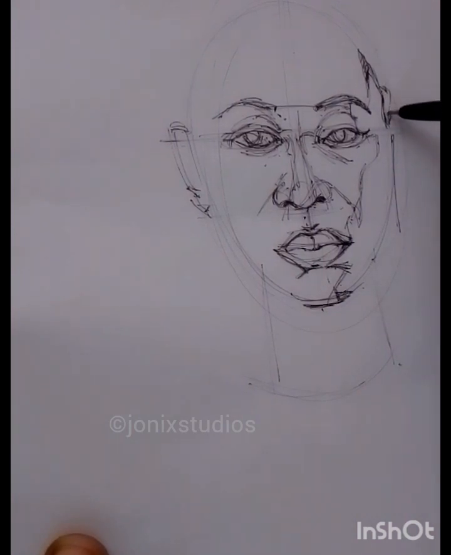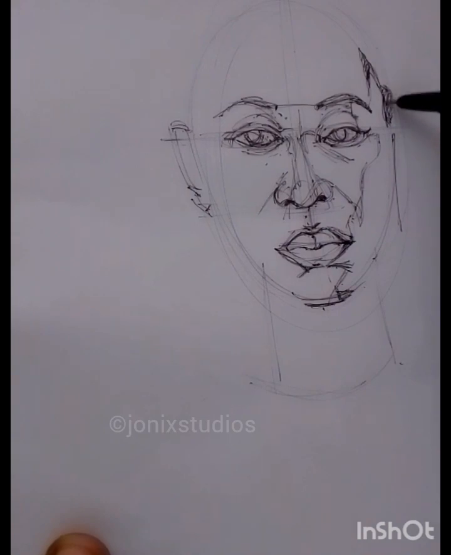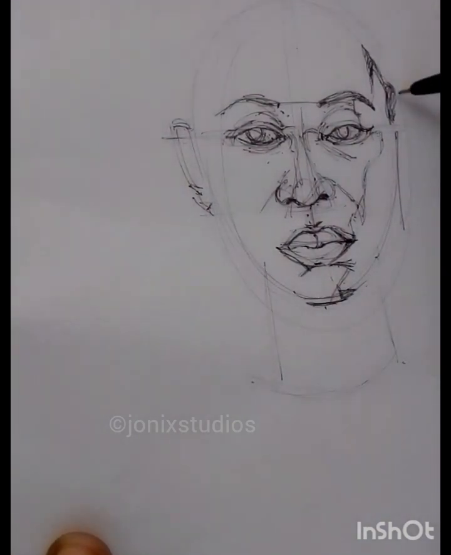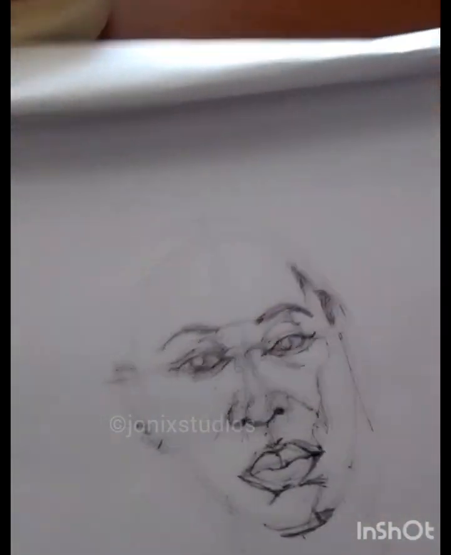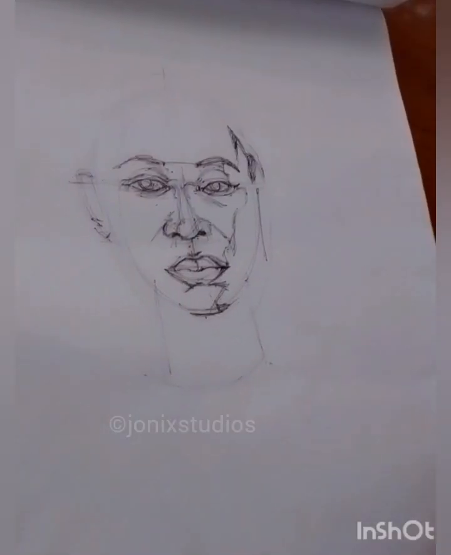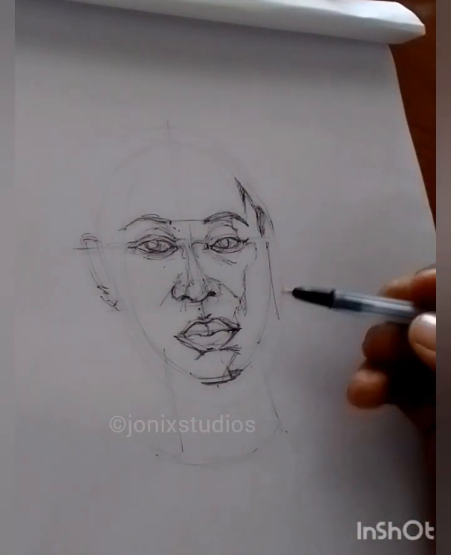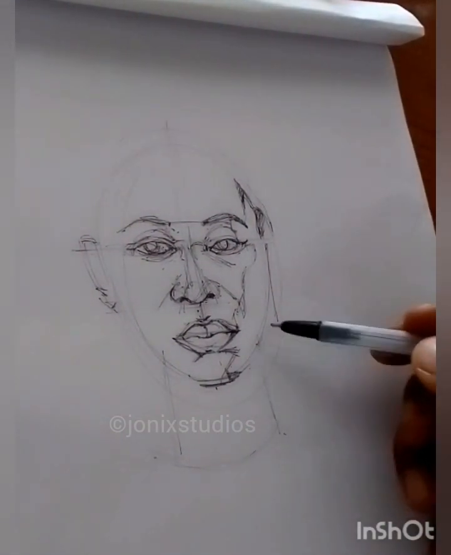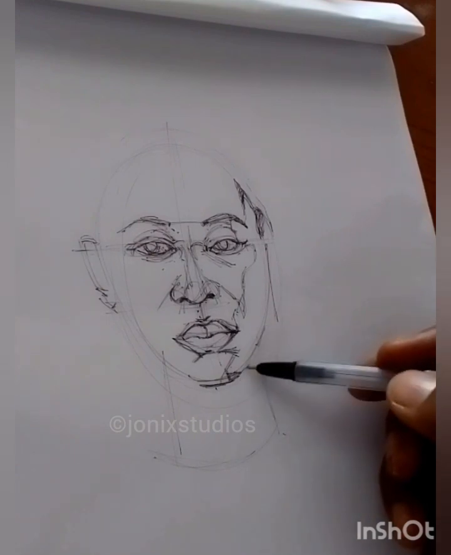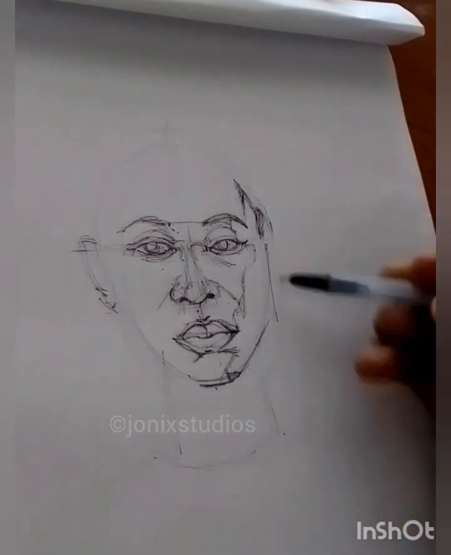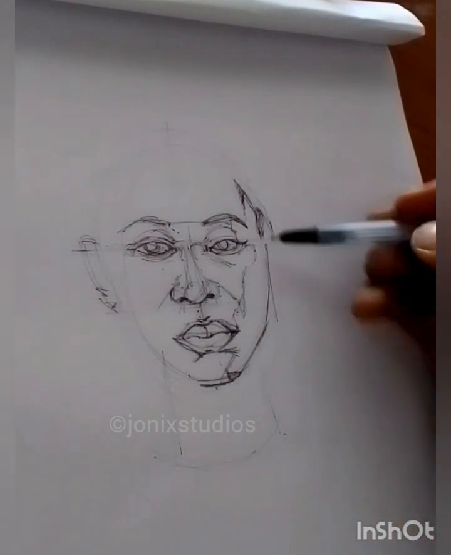So then we just draw the hair in. Okay, so we take from the mouth, from the lower jaw to the side now.